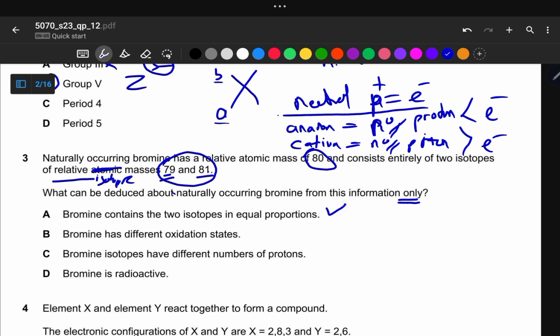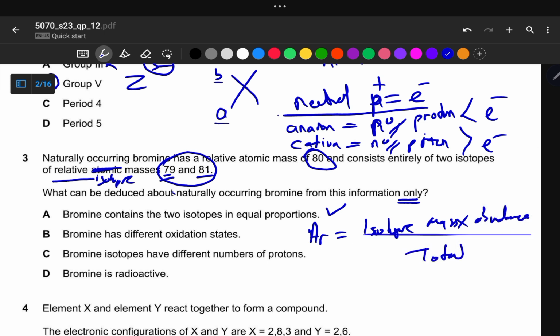They are in equal proportion. We can simply calculate the relative atomic mass using the formula Ar is equal to relative isotopic mass multiplied by abundance, and then over total abundance, right?